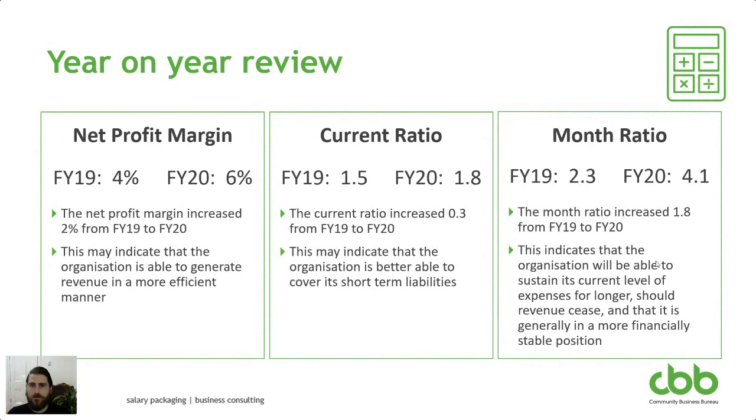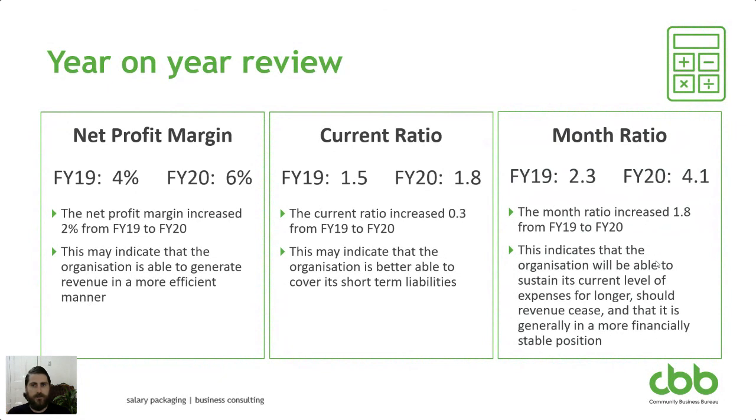In terms of a current ratio example, we have here that in FY19 it was 1.5 and in FY20 1.8. So the current ratio has increased 0.3 from FY19 to FY20. So this may indicate that the organisation is better able to cover its short-term liabilities. The month ratio.